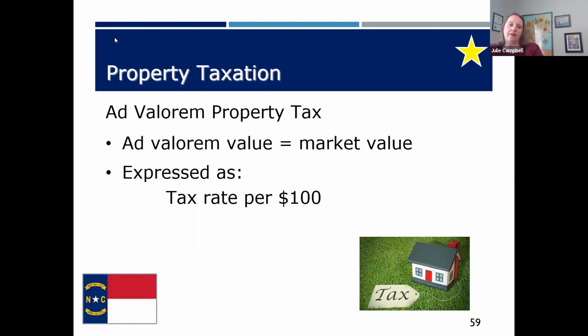And in North Carolina, our tax rate is expressed as the tax rate per 100. So for example, you might see a problem that tells you the tax rate is 0.14 per 100. That's what we're saying, tax rate per 100. North Carolina does ad valorem taxes, something per 100.